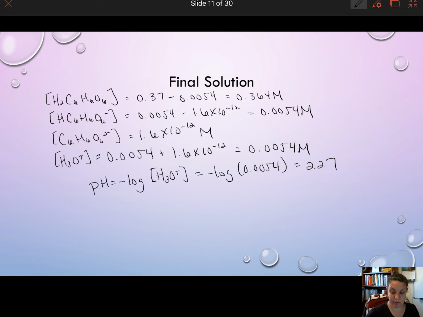So, as we saw from here, our second dissociation was significantly smaller than our initial dissociation. The Ka value was significantly smaller. Therefore, we didn't see any contribution to our hydronium concentration here from our second dissociation. And that's what you should see.